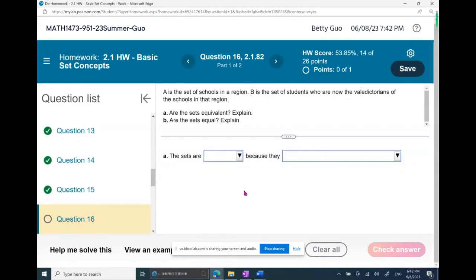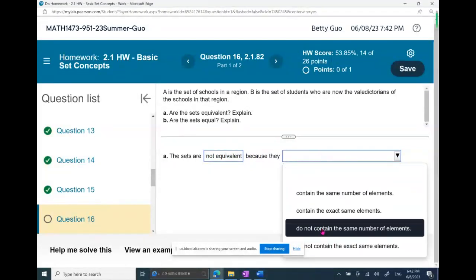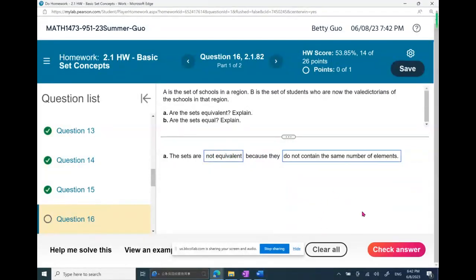In the same year, one school may have two valedictorians, one school may have one, and another may have two or three. Then let's try this: not equivalent, because they do not contain the same number of elements.